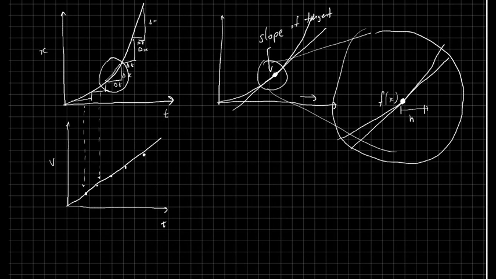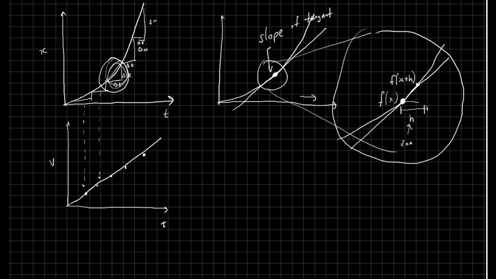So we take the function and add to the x value some value h. We're trying to find the rise over the run, and then see what happens as our h value goes towards 0. These little sections are getting smaller and smaller, so the distance over which we calculate this slope is getting smaller and smaller.